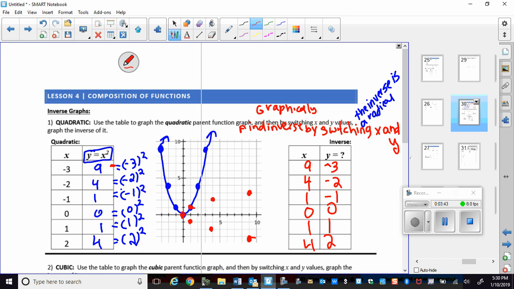And here's my inverse. So the inverse is the square root of x. It's actually plus or minus the square root of x.